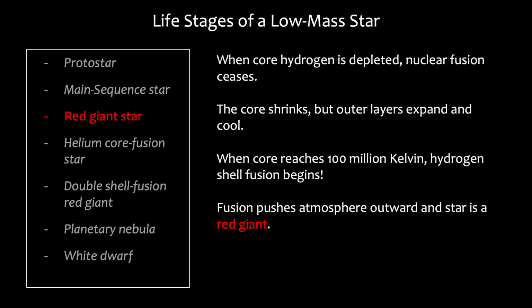So the core of helium cannot fuse yet, but the shell around the core of helium, which is hydrogen, can now be triggered. Okay. In fact, the shell temperature is much hotter now because the core temperature, which it surrounds, is much hotter now. The core can reach as high as 100 million Kelvin.